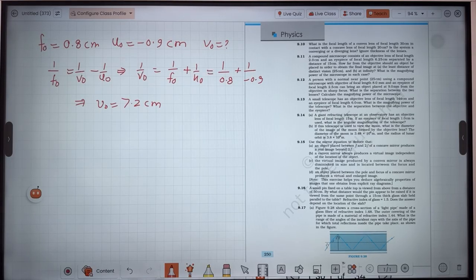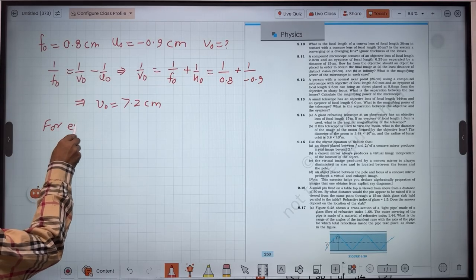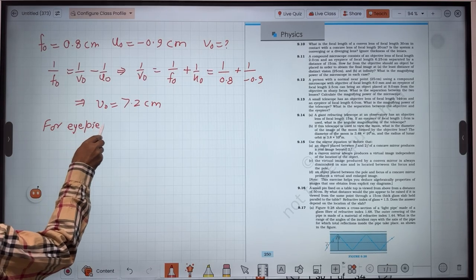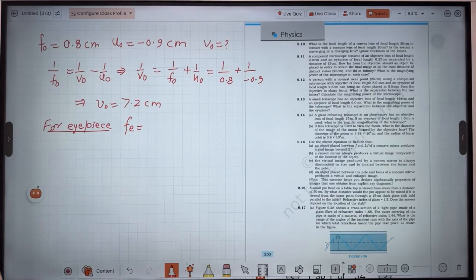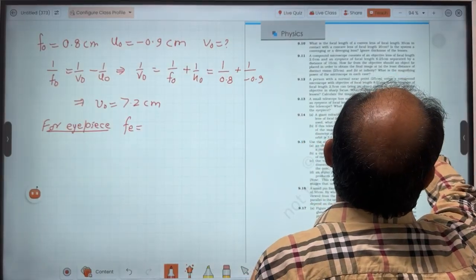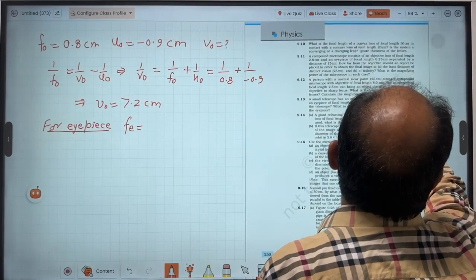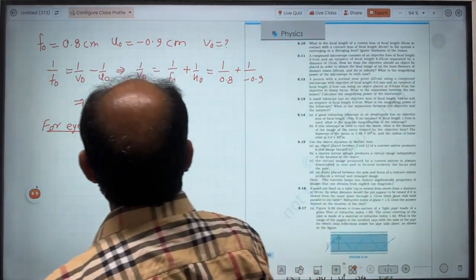Now further, for eyepiece, let's consider the situation. So for eyepiece, FE is given. What is FE? Eyepiece has focal length 2.5 centimeters.